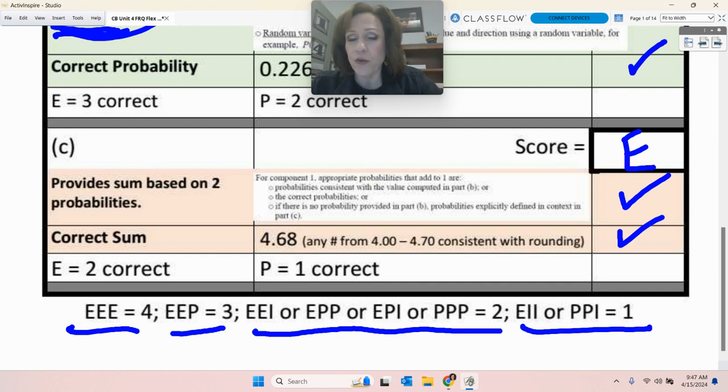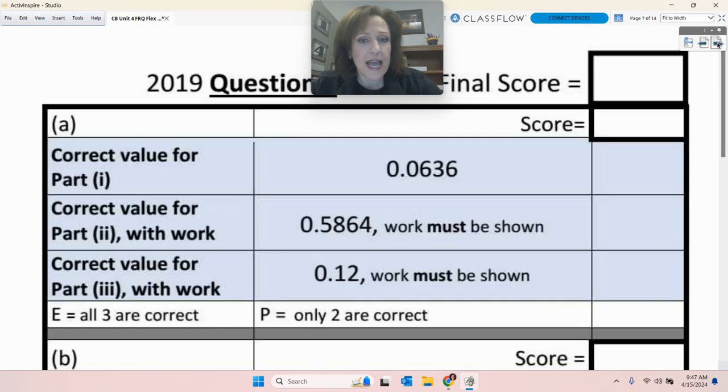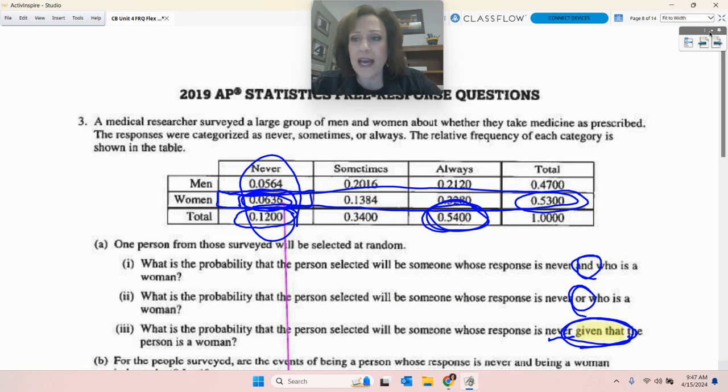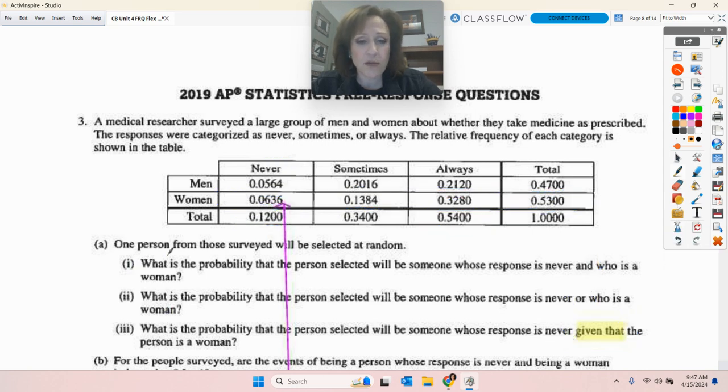All right, moving on. So for this next one, we're going to have probabilities. And so we have here the probabilities. Let's see what we got going on here. Okay, so first, what's the probability that a person selected will be someone whose response is never and who is a woman?